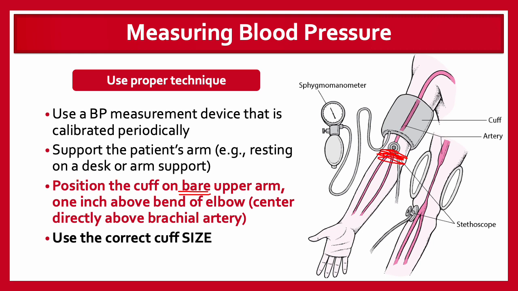I'm 4'11" and I weigh about 100 pounds, so sometimes I have to find a smaller cuff to check my blood pressure, because using a cuff that is too large, now we don't have enough pressure to accurately measure the blood pressure. So choosing an appropriate cuff size, making sure we're placing it on the right part of the arm, and making sure that the patient's arm is supported throughout the whole measurement are all important techniques for accurately measuring someone's blood pressure.